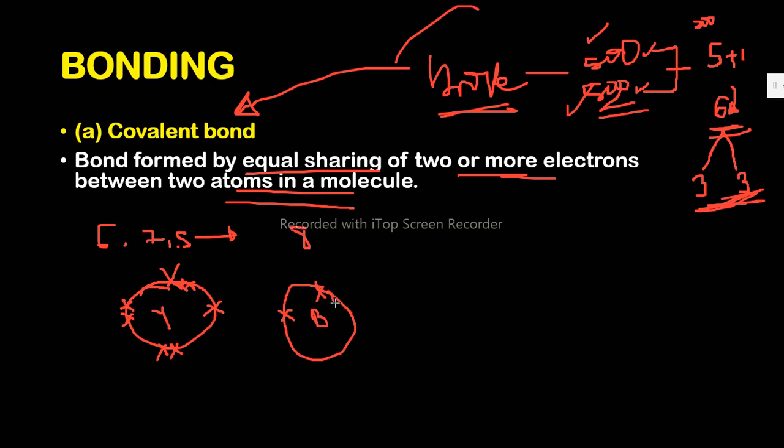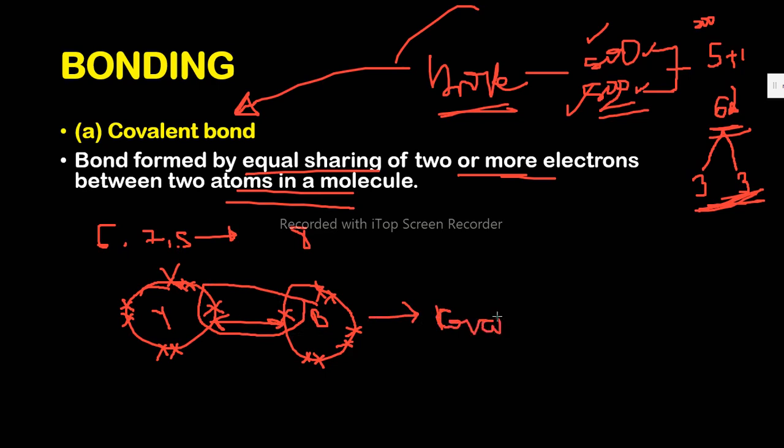Then you and your mate will share that outermost energy level, such that these 2 electrons pair up, but they are shared equally. So the bond that is formed as a result is a covalent bond.